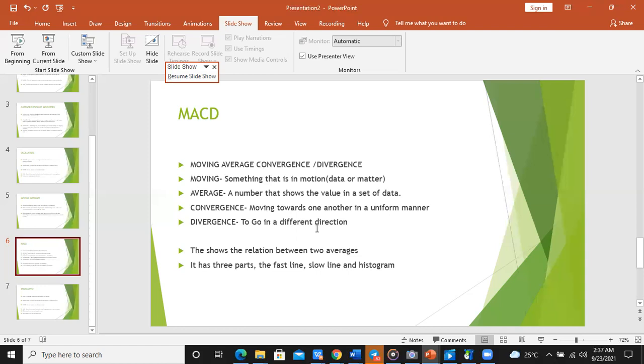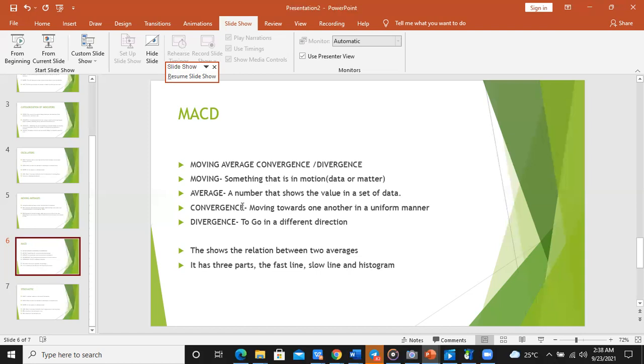Now, we go to the C, which is convergence. So when we say something is converging, what do we mean by that? Moving towards one another in a uniform manner. If you did geography, or the meteorologists among us, we have something called convergence in geography, where two flows or sources come together or move together.